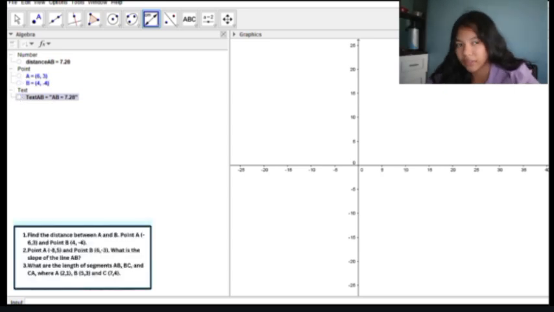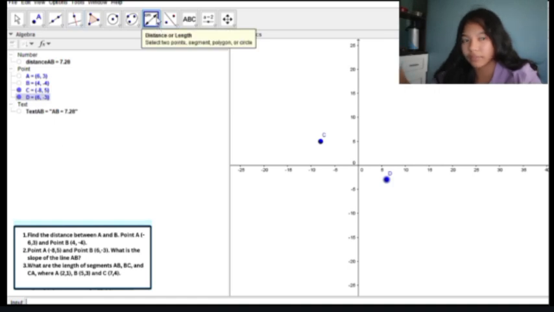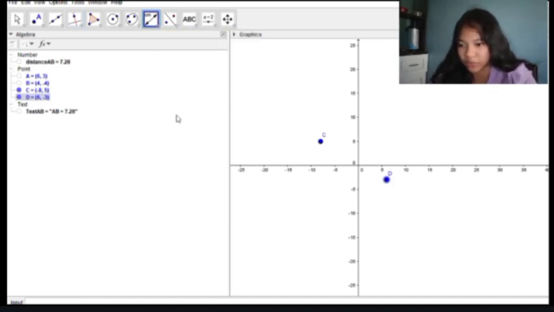The question number 2: (-8, 5) for point A, and (6, -3) for B. What is the slope of the line? As you can see, you can also find the slope just by clicking the slope option.